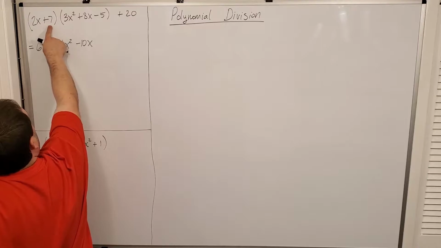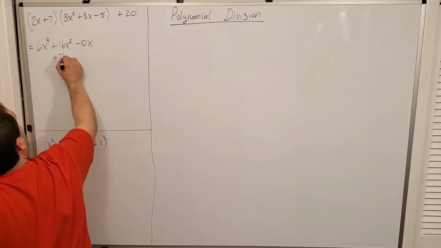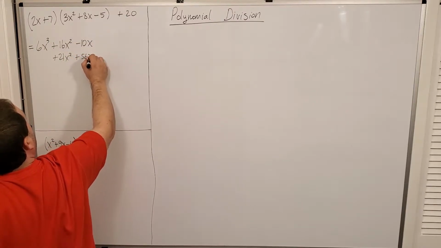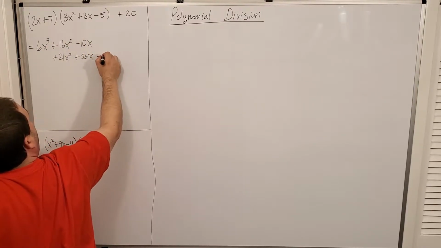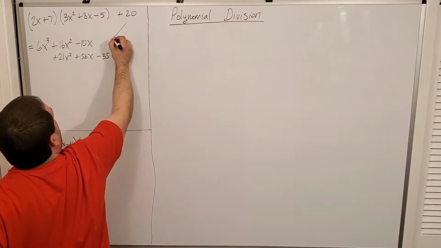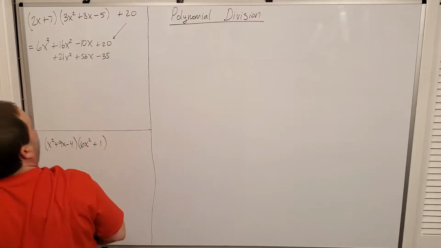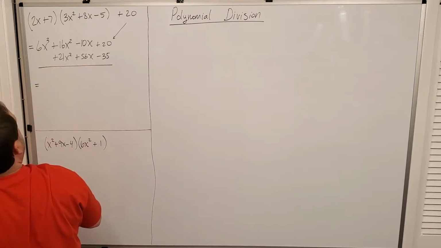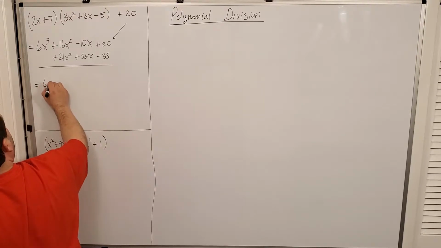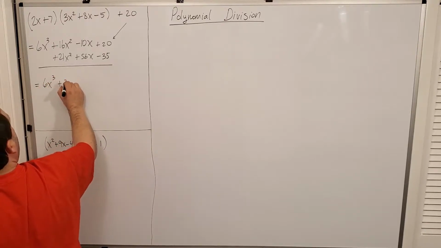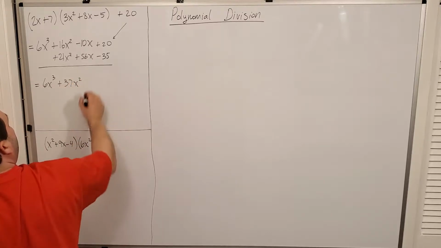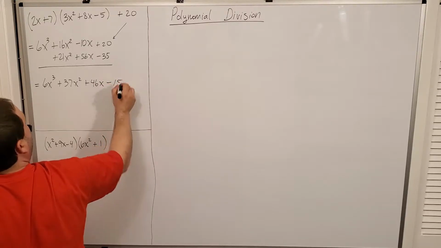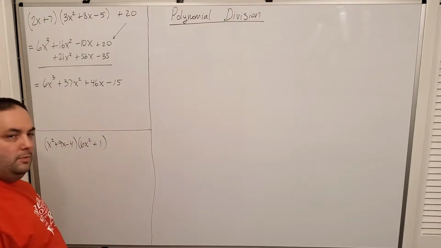Next, I have 21x squared, and I have 56x, and I have minus 35, and I still have the plus 20 in there, right? So let's sum it all up, and this is going to be equal to 6x cubed plus 37x squared plus 46x minus 15, right? So good old multiplication there.